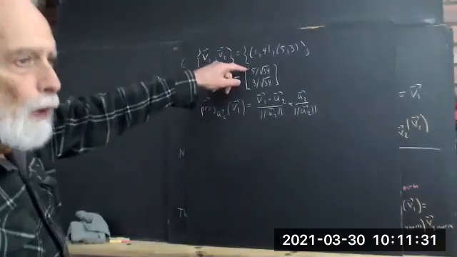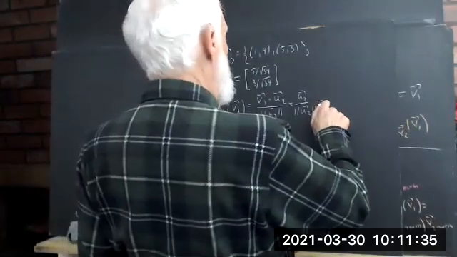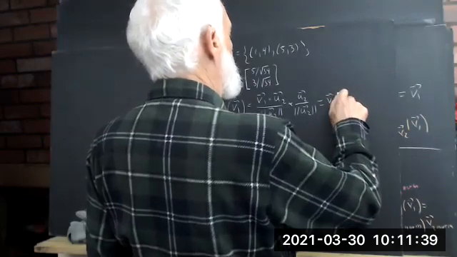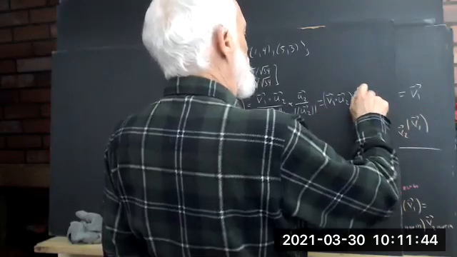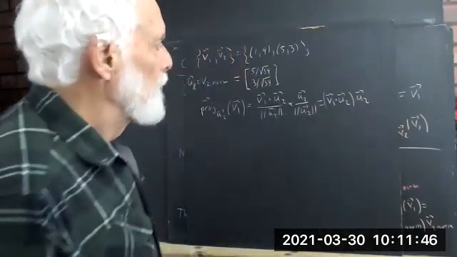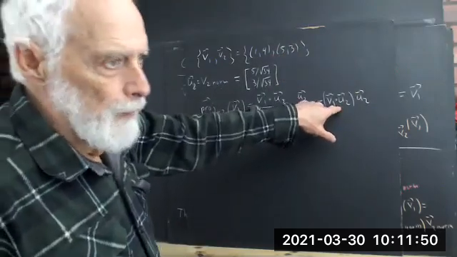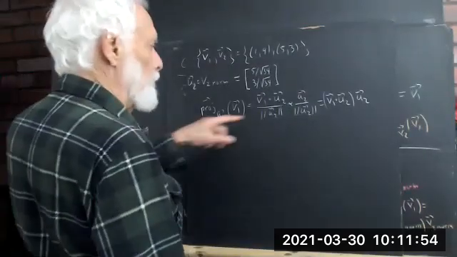Remember, U2 is normalized, so its magnitude is 1. That's just V1 dot U2 multiplied by U2. Projecting V1 onto U2 is particularly simple if U2 is already a unit vector. Okay, there's a projection.